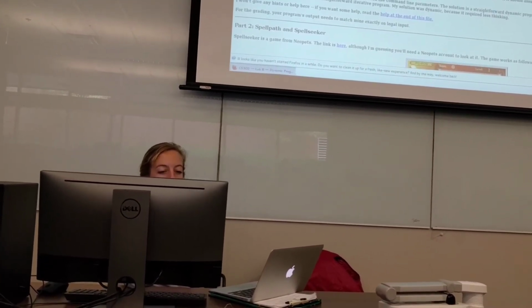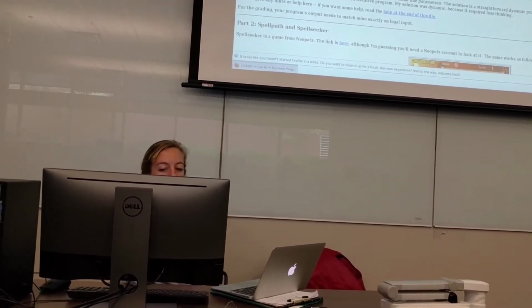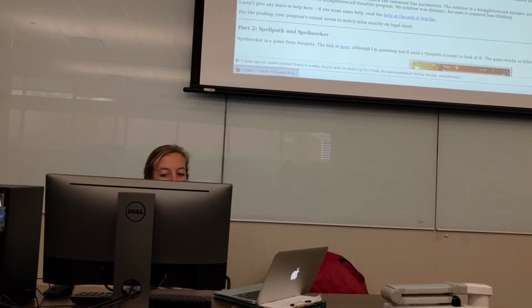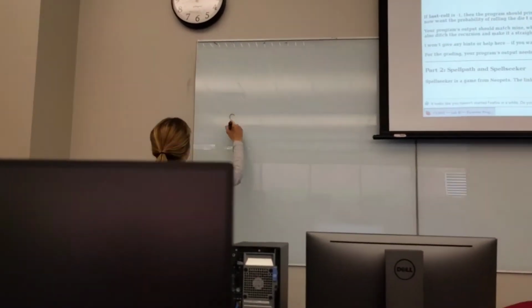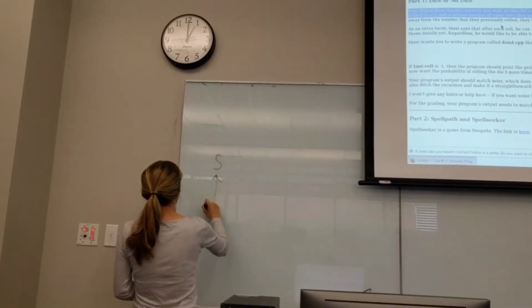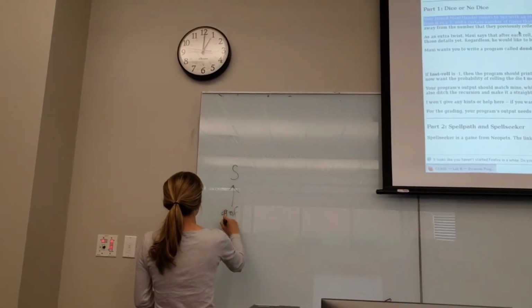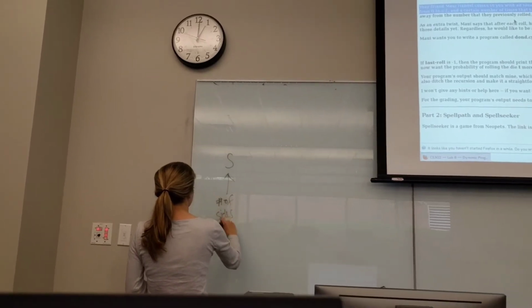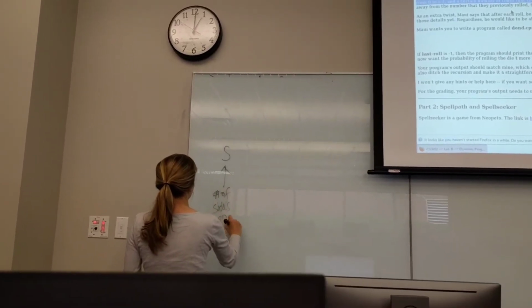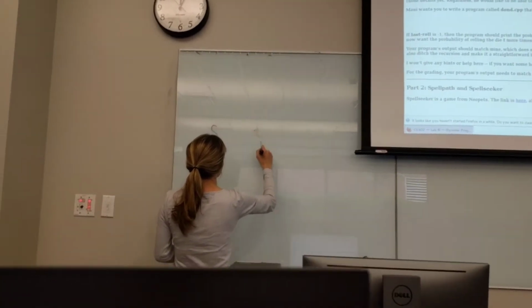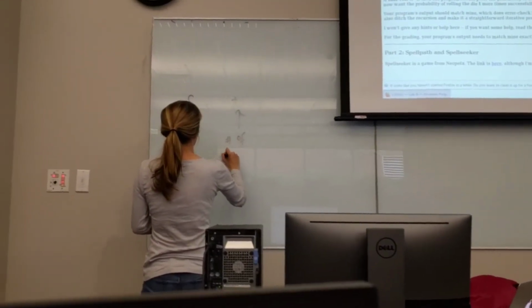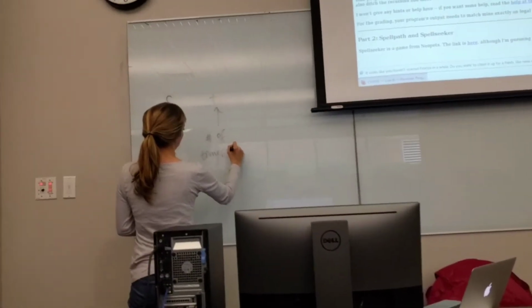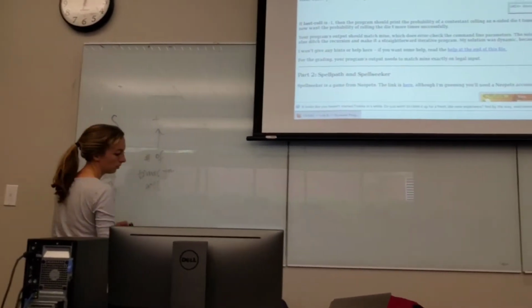You're also given a certain number of times that they must roll that die, and you're going to call that number T. So S is the number of sides on the die, and T is the number of times you roll.